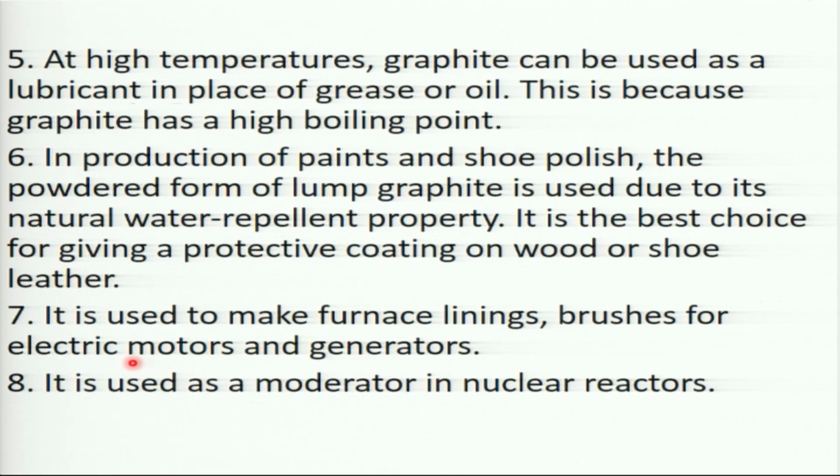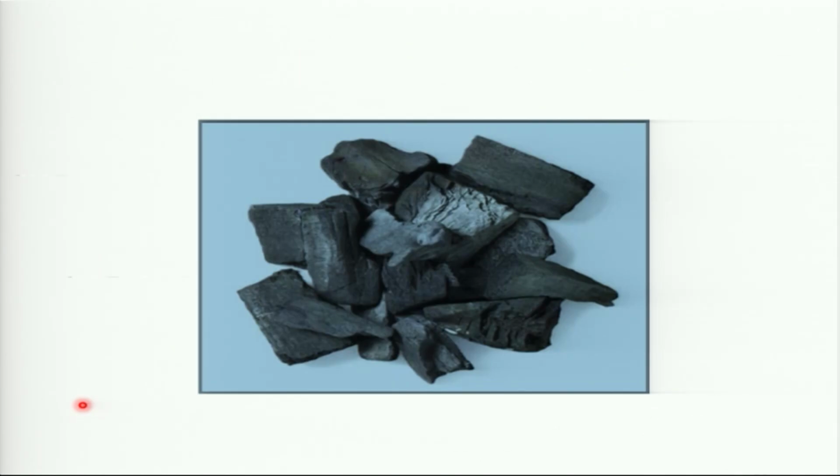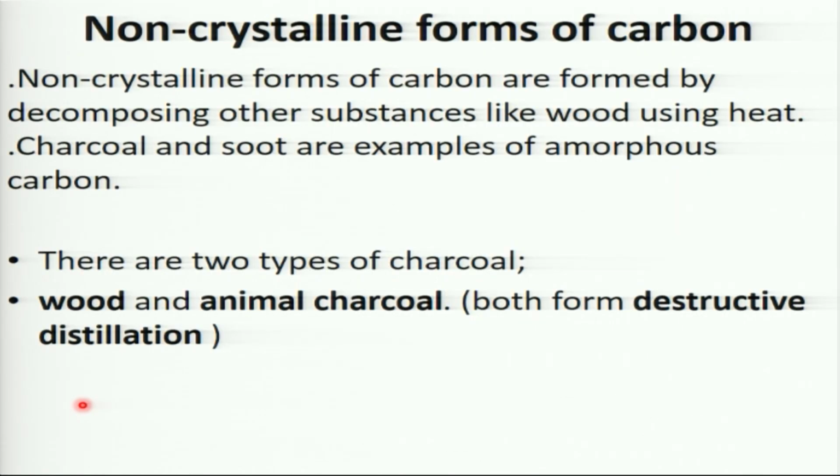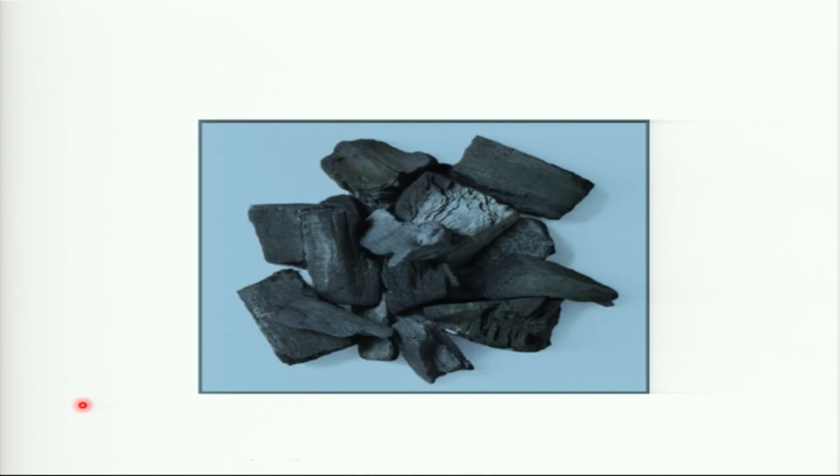Another use of graphite is as a moderator in nuclear reactors. So when they are trying to make nuclear bombs and whatever, it is used as a moderator in nuclear reactors. All right? That is the case of graphite.